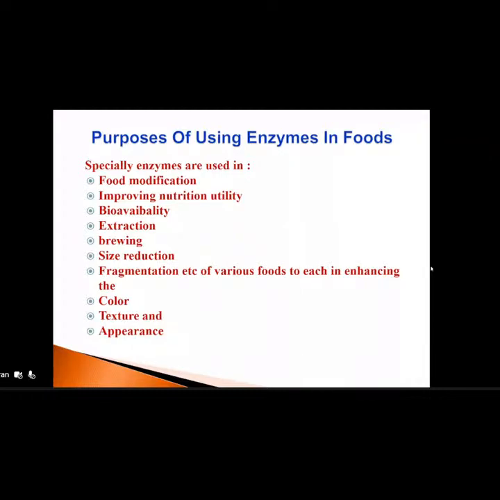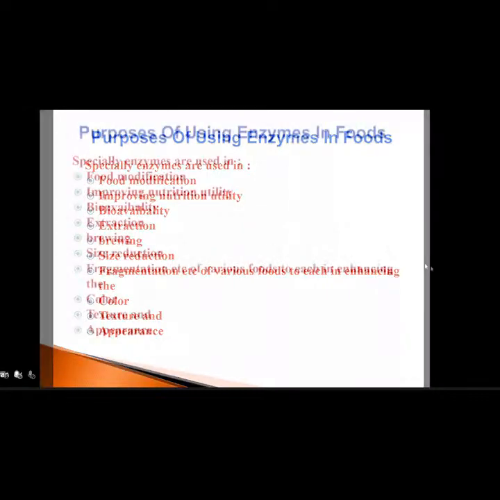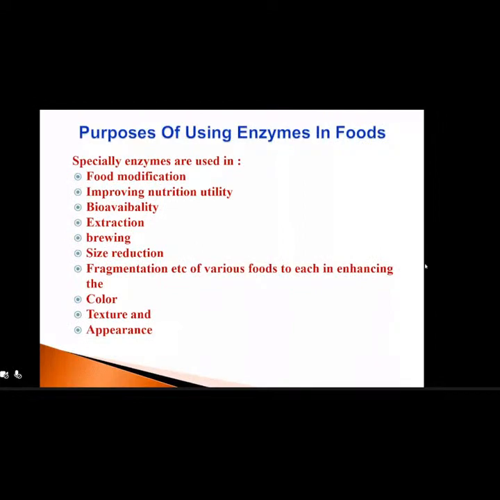Enzymes are also used in the brewing industry, which includes wine, beer, and other distillation processes, and to enhance the color, texture, appearance, and taste. For this purpose, enzymes are used in industry, especially the food industry.